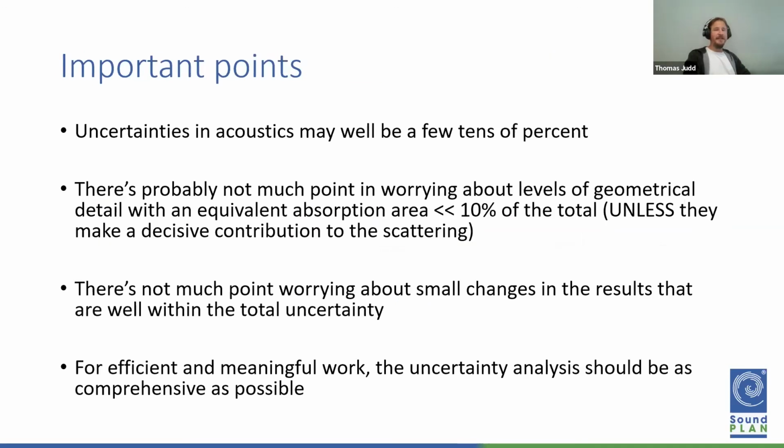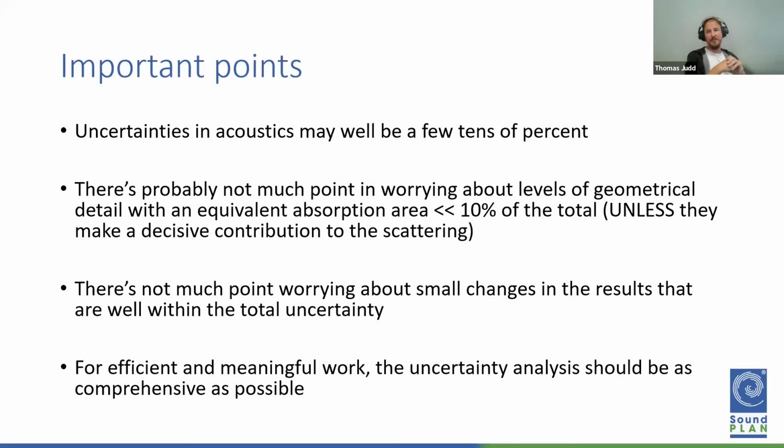So just to reiterate, we find that the uncertainties in acoustics may well be on the order of a few tens of percent. And if you're adding geometrical detail, do keep in mind what the equivalent absorption area of those additions is. If they're much less than 10% of the total, it's unlikely to do very much.